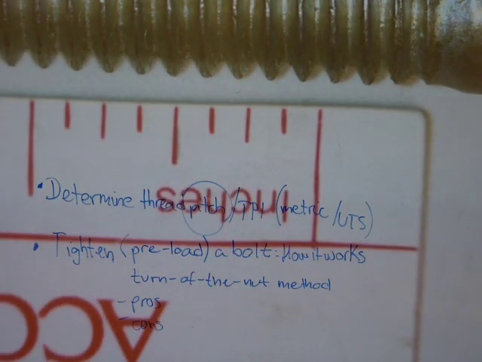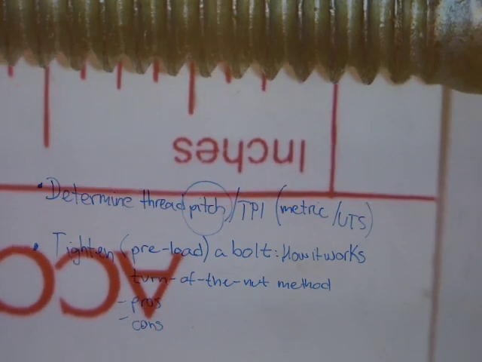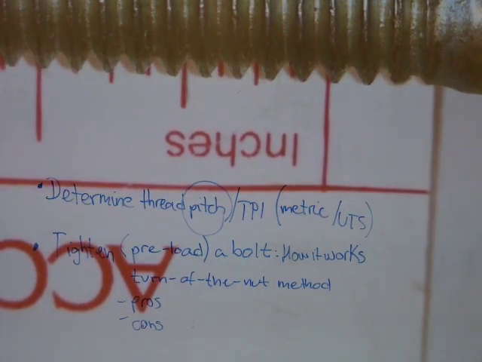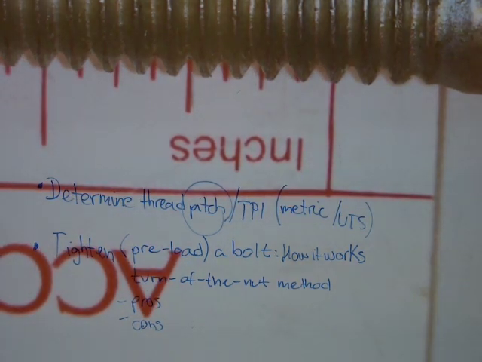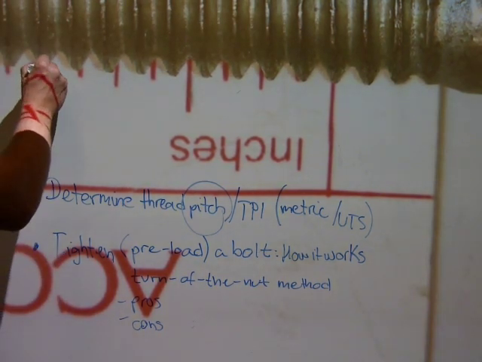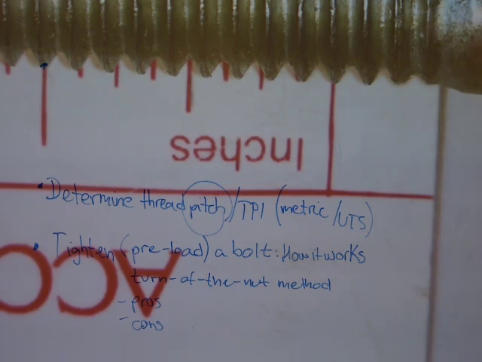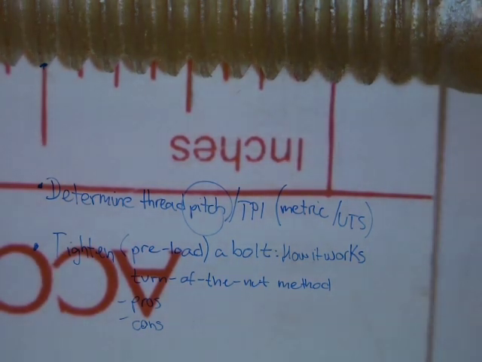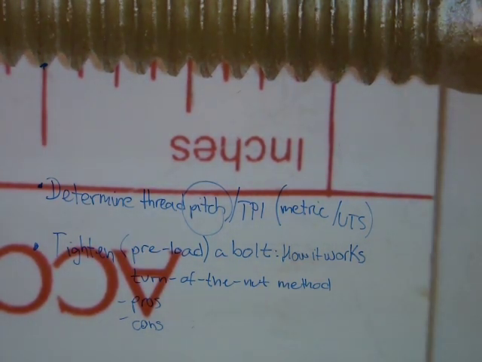So this is how you determine the actual number of it. You grab a tape measure and you line it up like so. You line up any of the crests or any of the roots, but we'll go with crests on this one and roots on the other one.